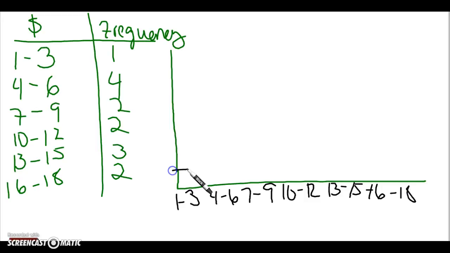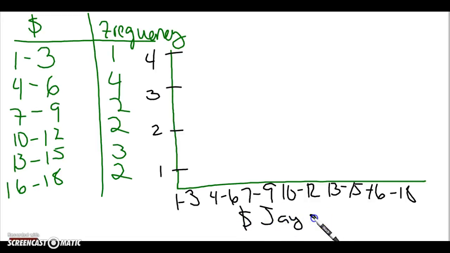And so our frequency will be 1, 4, 2, 2, 3, and 2. Okay, and so this was the dollars, the money Jay spent on lunch. And this is the frequency. We always have to label our table, right?